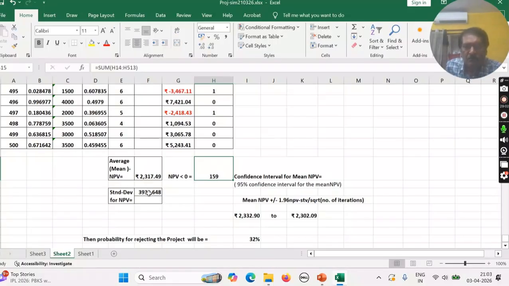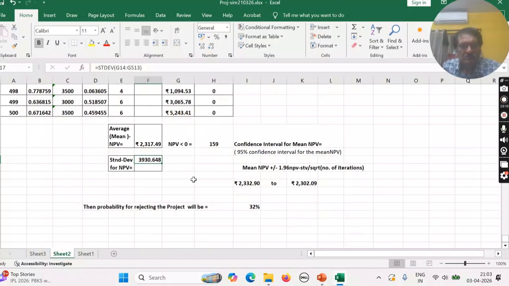And a standard deviation formula is also noted here. This is the standard deviation for G14 to G513, the standard deviation for NPV. For calculating the 95% confidence level of the mean value, you can check it: mean NPV plus or minus 1.96 times the standard deviation divided by the square root of the number of iterations.